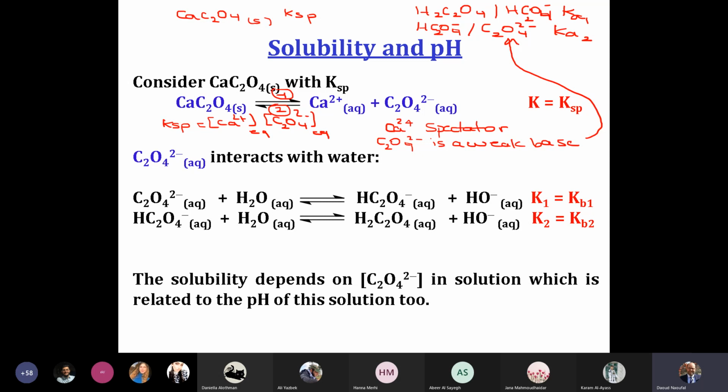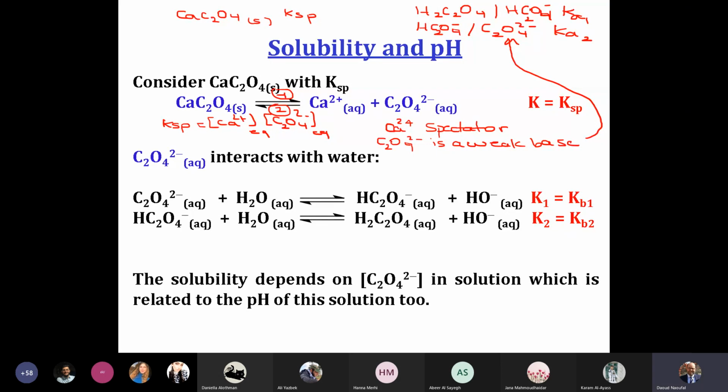You add, for example, acid in order to dissolve it. What is the meaning of adding acid? That means this weak electrolyte has an ion that is affected by the acid added.